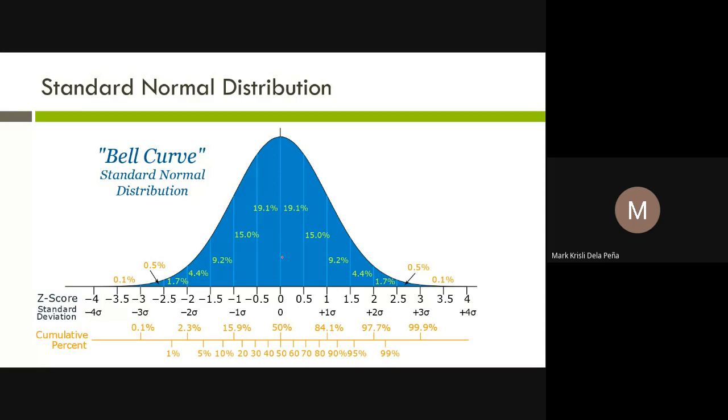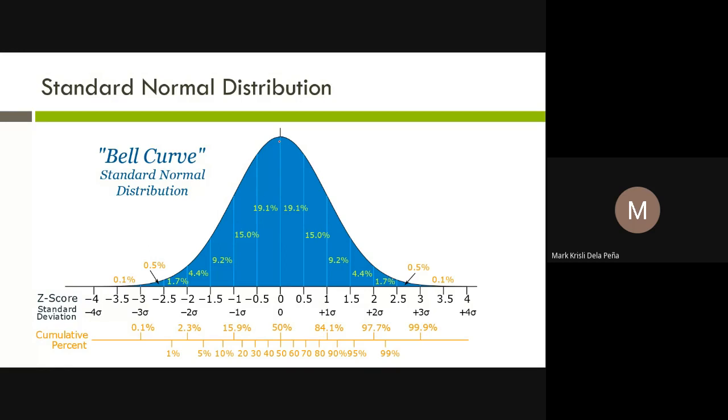We can see here the different percentages, and here are our z-scores, and we also have our sigma or our standard deviations, and our cumulative percentage. Now let's start first with analyzing the figure here, this curve.